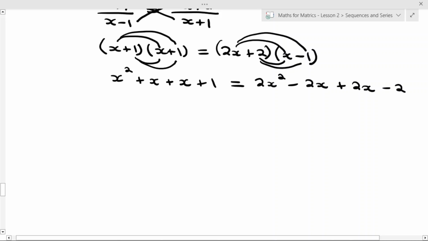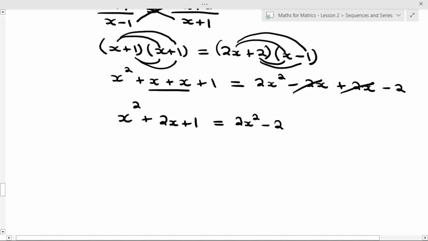If we look at the right-hand side of the equation, minus 2x and 2x cancel each other. And on the left, x plus x is 2x. So we now have x squared, plus 2x, plus 1 on the left-hand side. And 2x squared minus 2 on the right-hand side.